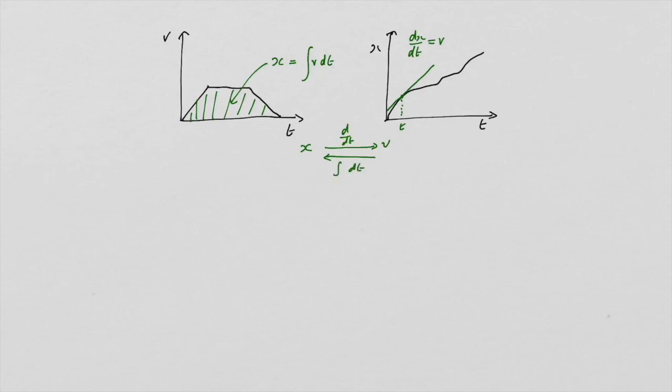Now, that's a good indication that these are opposites, but we still don't know for sure that it's true. So what we can look at is looking at the area under a curve and see if we can get anything from that.